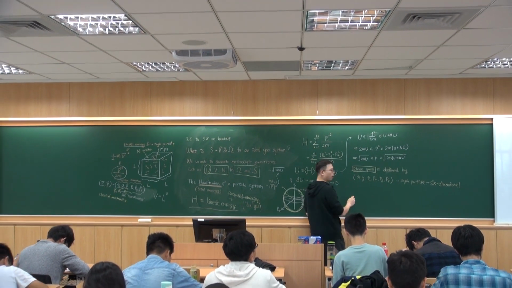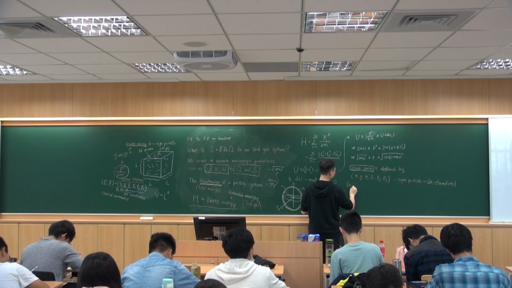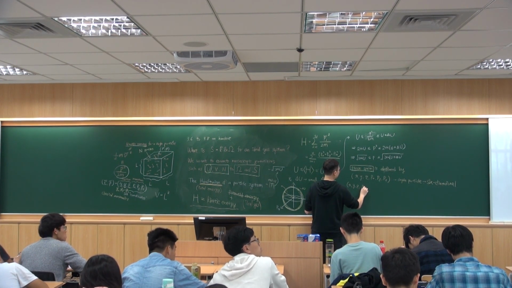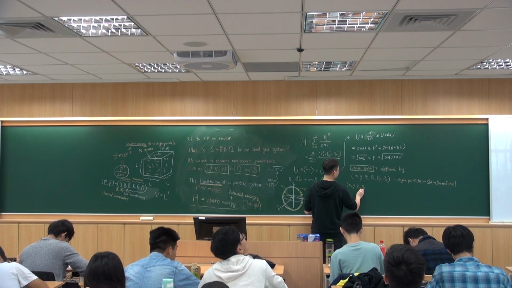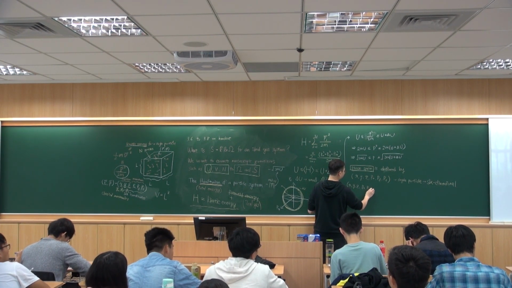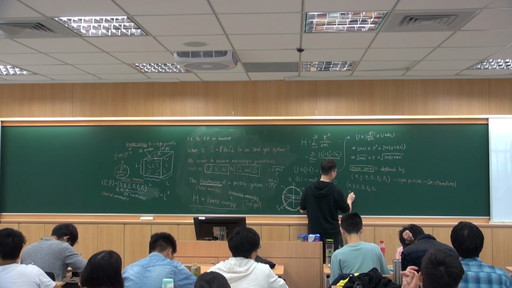For n particles, we know that we have x1, y1, z1, p1x, p1y, p1z, and we have x2.